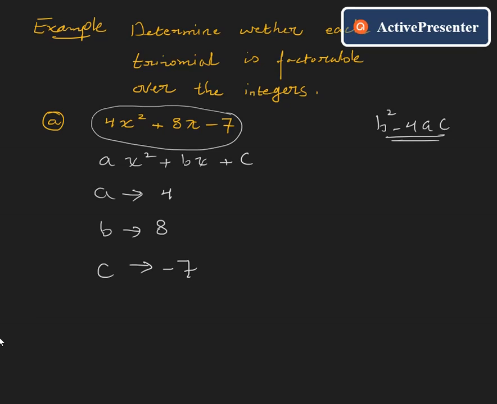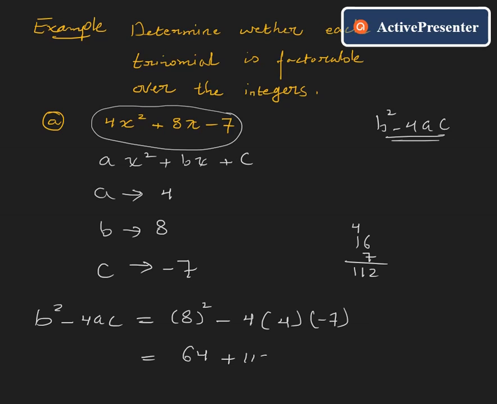Now check whether b squared minus 4ac is a perfect square or not. b squared minus 4ac equals 8 squared minus 4 multiplied by a, which is 4, multiplied by c, which is minus 7. This is equal to 64 minus 16 multiplied by minus 7, which is plus 112.